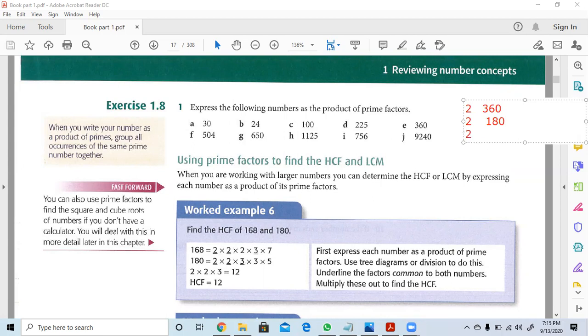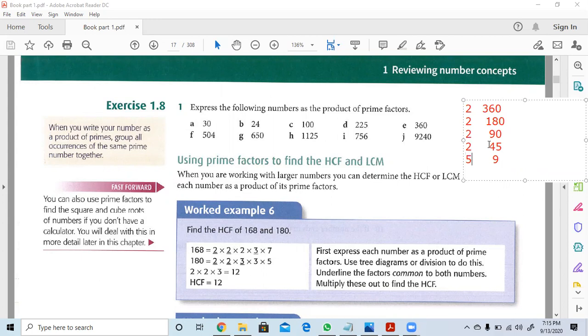Again 2, and then here 90, and again 2, and here 45. Now 45 is not divisible by 2, so we're using 5. 5 how many times equals 9? So which table are we using?